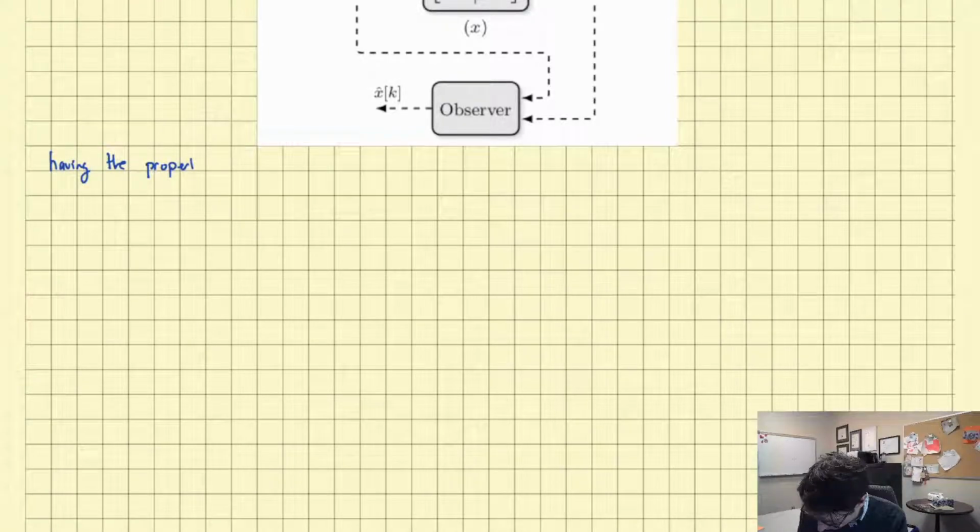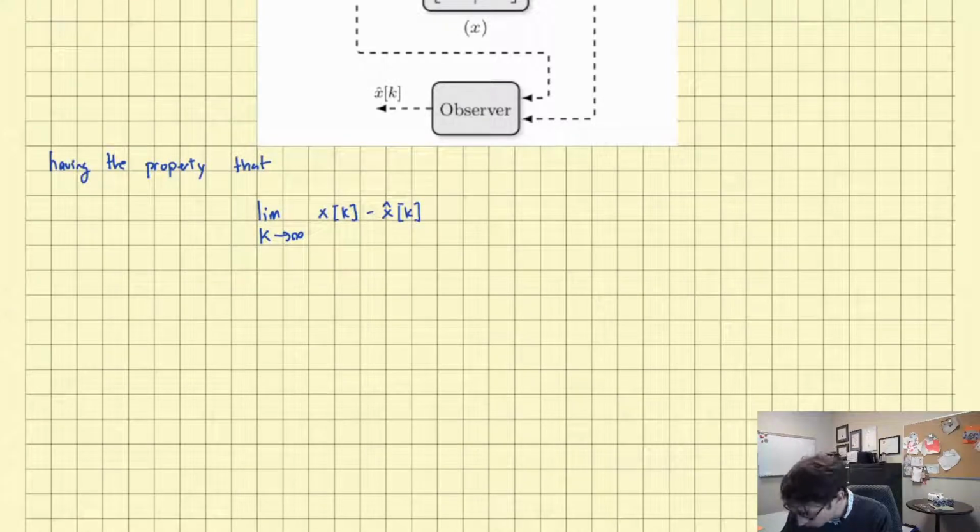Okay? So it's connected like this, and it has the property that the difference between the plant state and this x hat state should go to 0 no matter what. In other words, that the limit as k goes to infinity of the difference between the plant's state minus this estimated state, that should go to 0 for every initial condition.